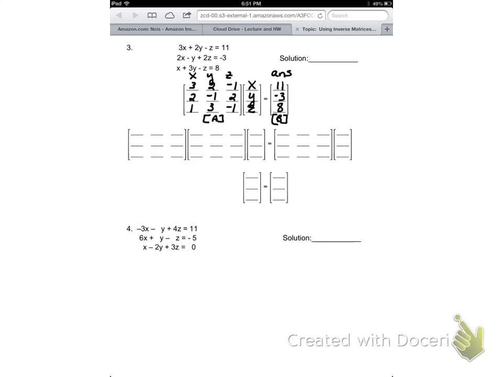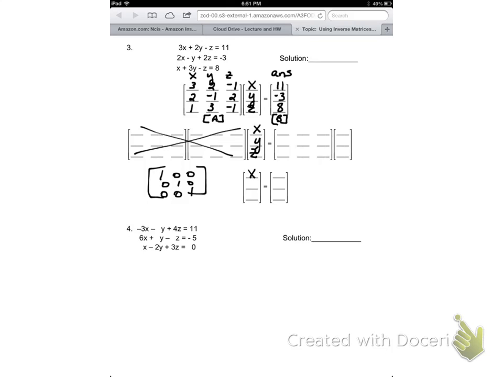Now, you can rewrite all this, but I'm also going to tell you you don't have to rewrite all that. You can leave that because we've shown you that all of that multiplied together just gives you your variables, because this will multiply to be your identity matrix.